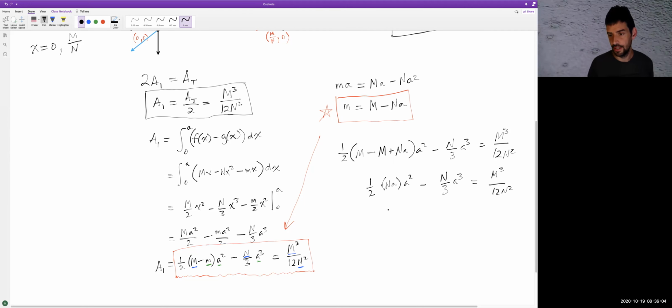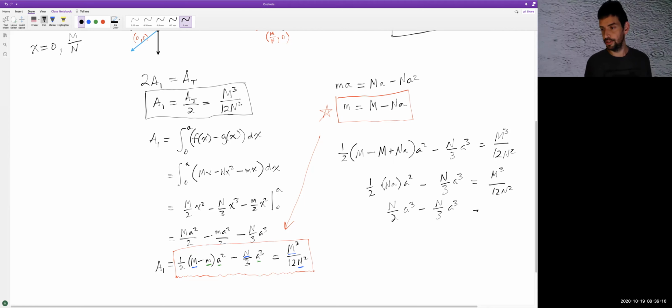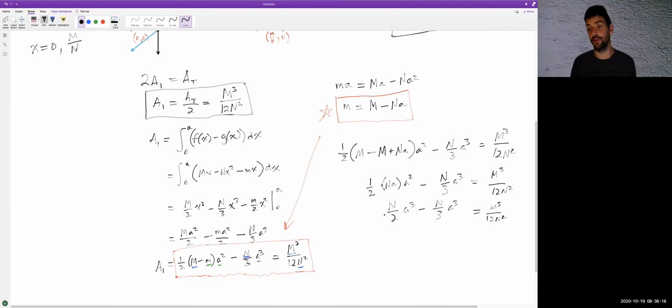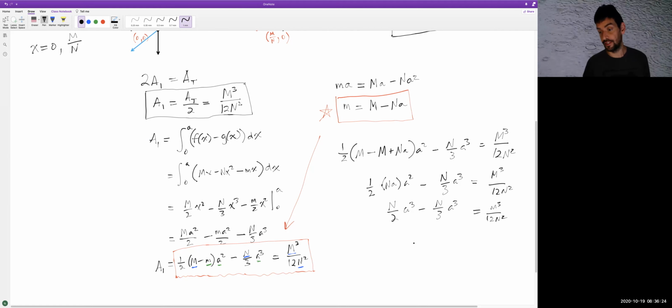I'll get n over 2a cubed minus n over 3a cubed equals m cubed over 12n squared. So here we see that same sort of thing we saw a minute ago. I've got 1/2 of na cubed minus 1/3 of na cubed. 1/2 of something minus 1/3 of something gives me 1/6 of that thing.